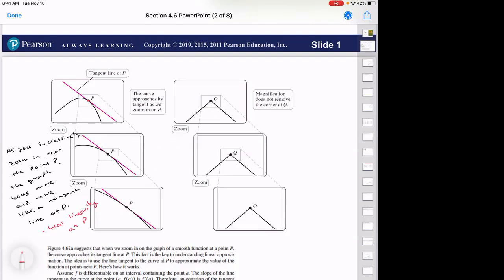Look at the graph on the right hand side. We have a corner there, at the point Q. No matter how many times you zoom in, you cannot remove the corner. It still remains the same.